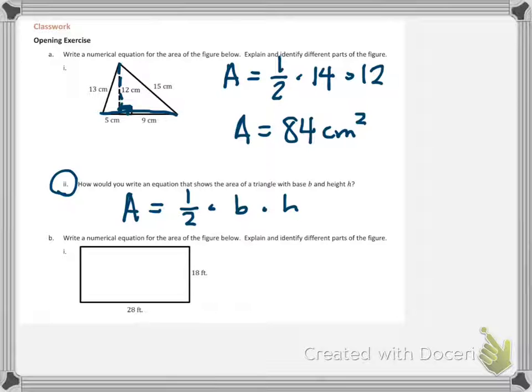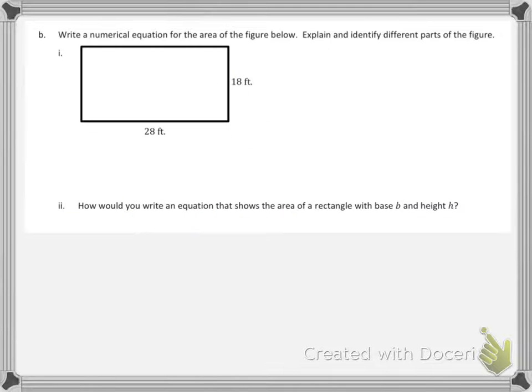Okay. Part B, let's do on the next page where we've got a little more room. Part B, write the numerical equation for the area of the following figure, and this is a rectangle, and you'll remember this from 5th grade. The area of a rectangle equals length times width.